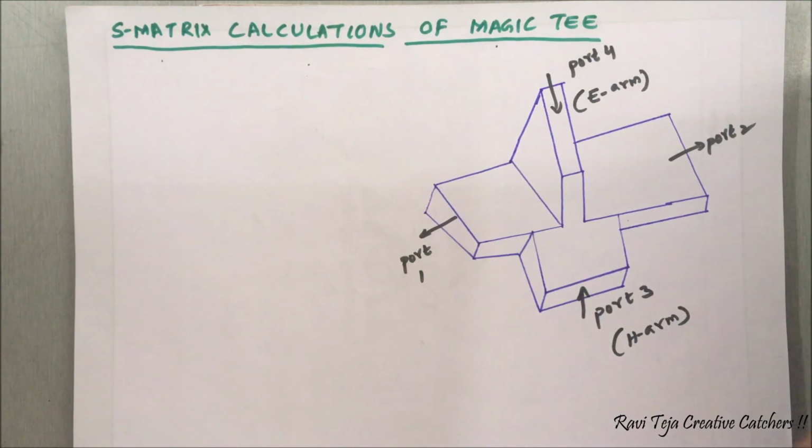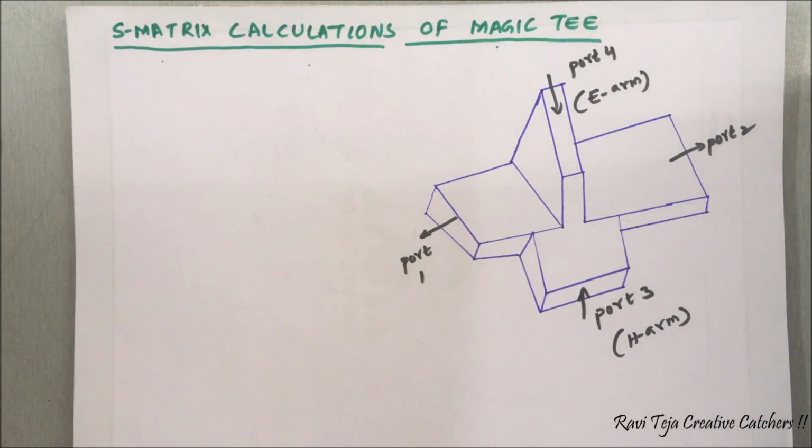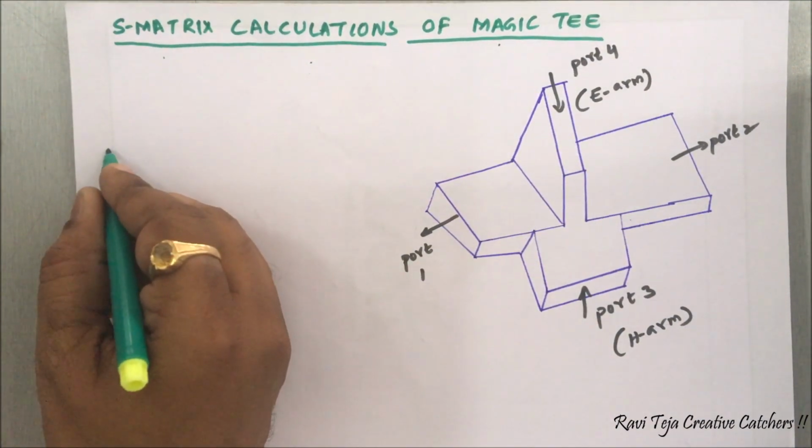Now we are going to see the scattering parameters, or we are going to calculate the S matrix of the magic T. So here we are going to consider a 4 by 4 matrix. So let's consider the scattering matrix of 4 by 4.